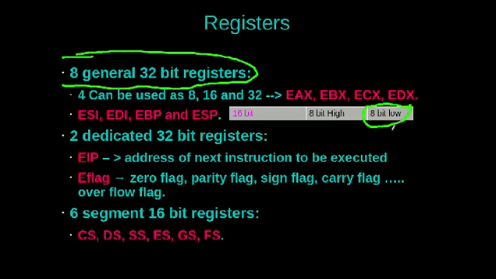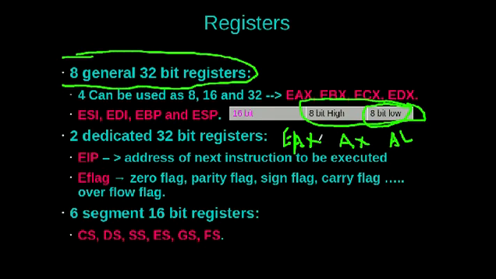If I want to use a byte, I'll use AL. If I want to use a word, or 2 bytes, I'll use AX. And if I want to use the whole 4 bytes of the register, I will use EAX, because we have 8-bit operations, 16-bit operations, and 32-bit operations.